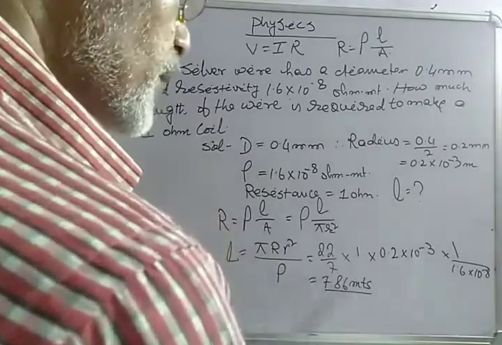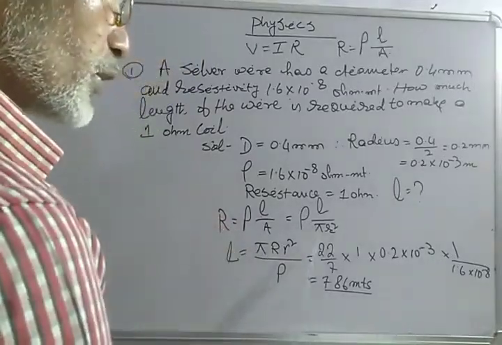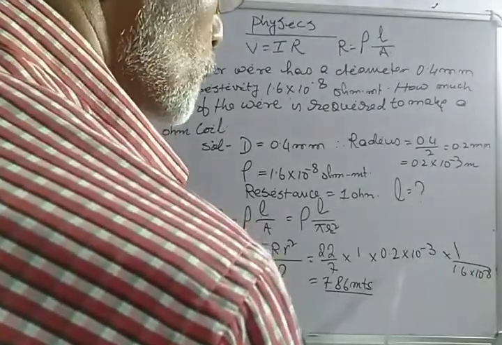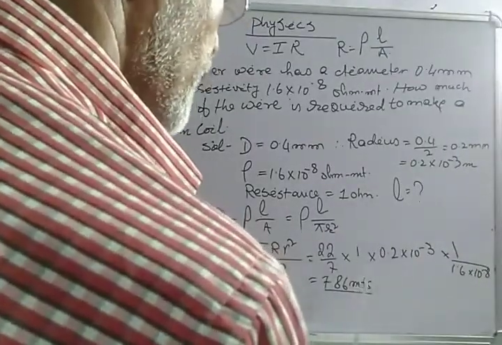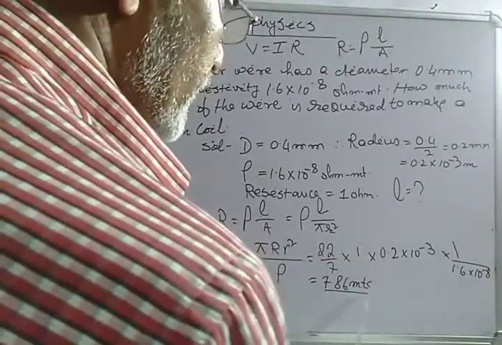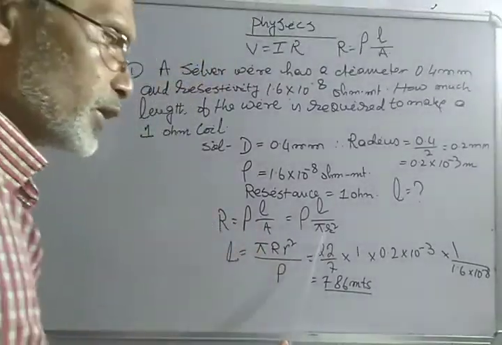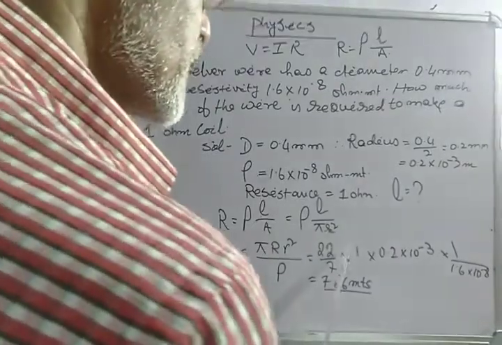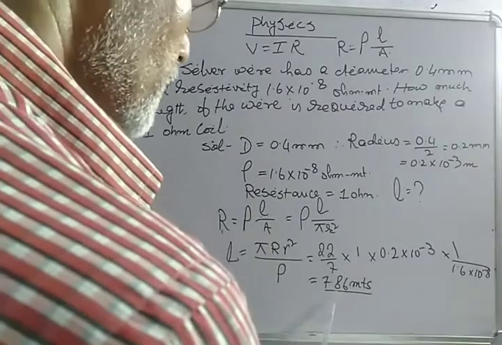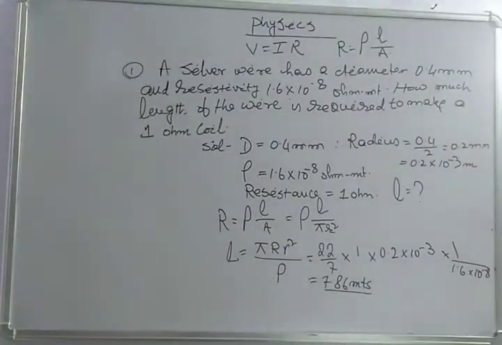When we multiply all this, we get 22/7 into 10 to the power 5 by 8, which gives 7.86 meters. So you have understood the calculations.